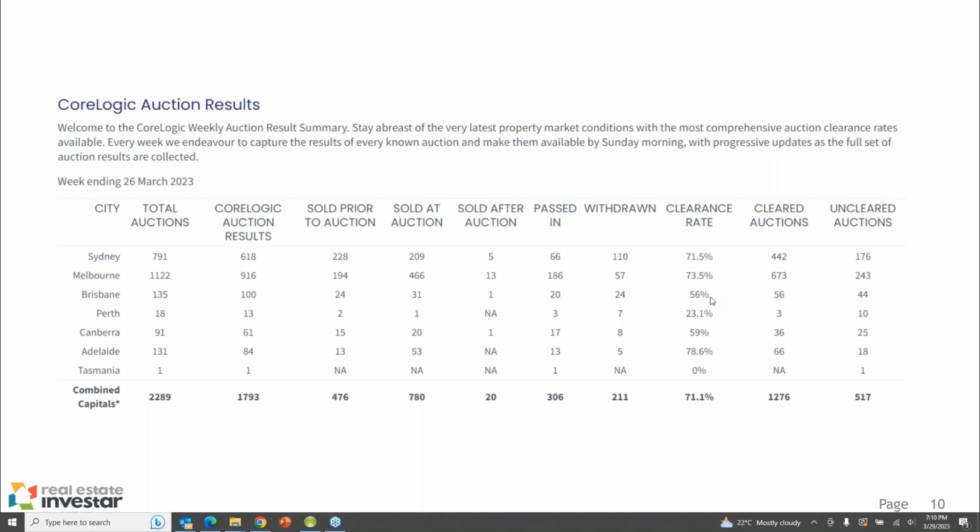So again, just look at this data, look at the statistics, and we're really seeing a change there. I'm listening to property auctioneers, clearance rates, market confidence, speaking to other agents in the market, mortgage brokers, etc. Mortgage brokers are very busy at the moment doing refinancing, new loans. So there's definitely some confidence coming back into the property market, as you can see there with the auction clearance rates.